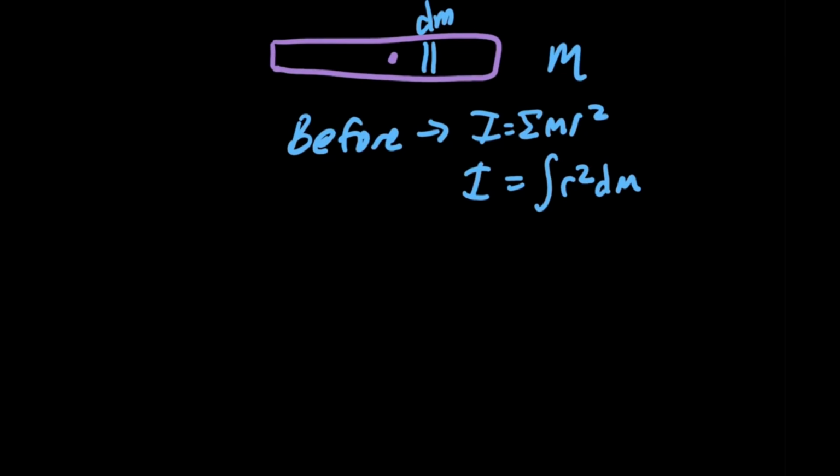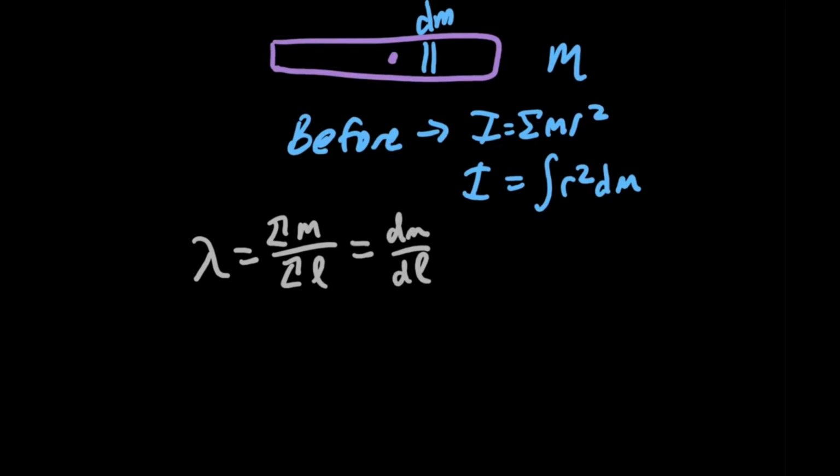But if we have this uniform density that we're assuming, this lambda is equal to the sum of the m's over the sum of the l's, which is equal to dm/dl, then we can take dl, m over l, is equal to dm, right? Just doing some simple algebra here.